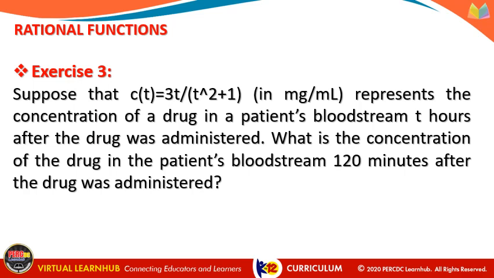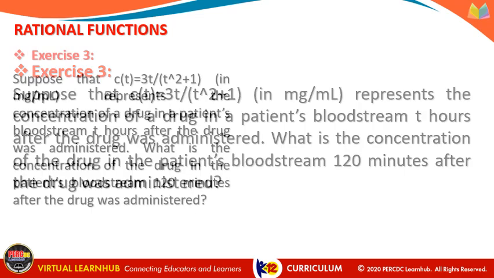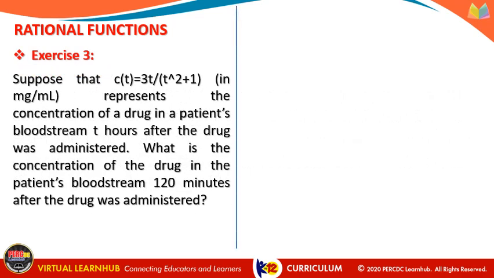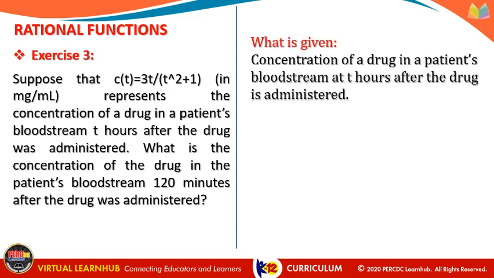Anyways, sige, let's say hindi mo napansin. Okay, so again, hindi na natin kailangang maghanap ng function kasi given na. Once again, binigay na sa atin yung function, which is the concentration of a drug in a patient's bloodstream at t hours after the drug is administered. And ito siya. So you have 3t over t squared plus 1.